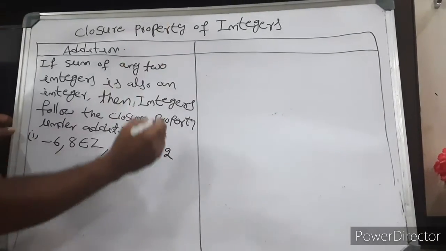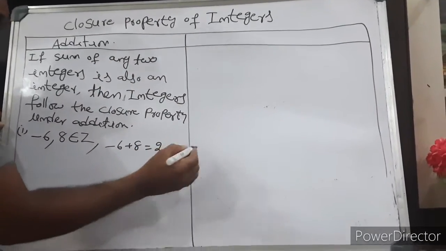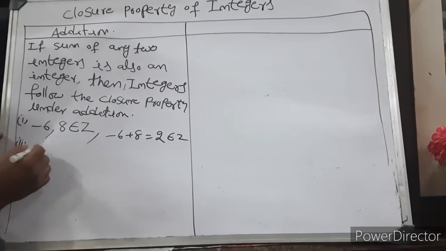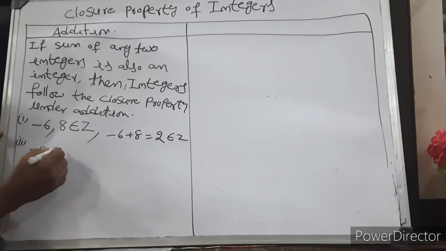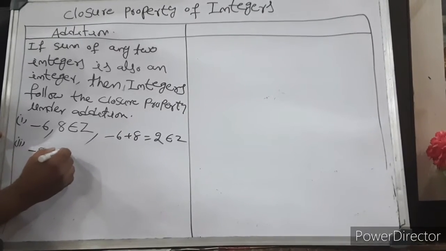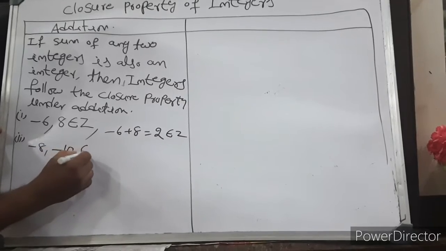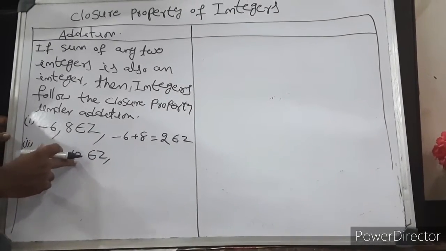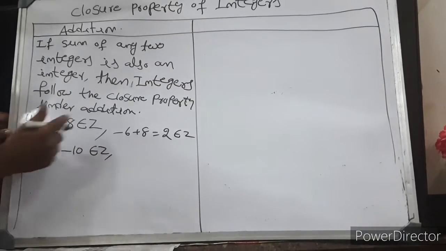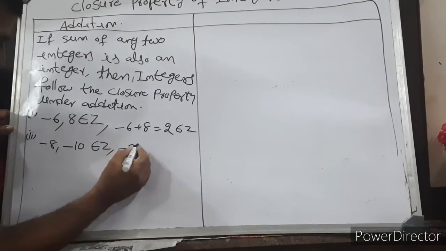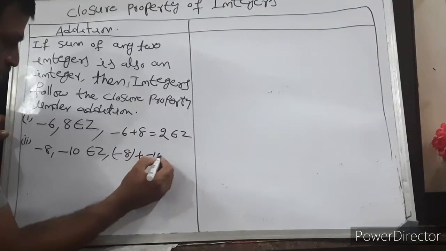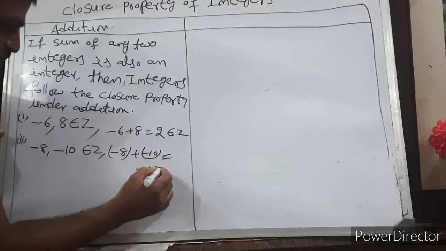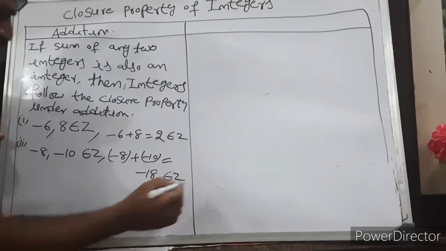So 2 is also an integer, that is, 2 belongs to Z. We take another example. -8 and -10 belong to Z. That means -8 and -10 are integers, then their sum, -8 plus -10, is equal to -18.